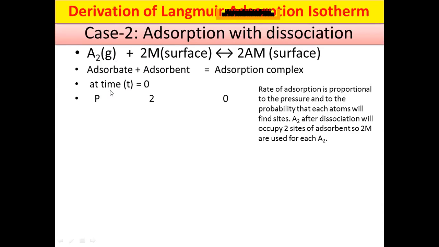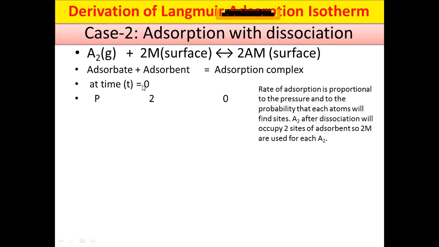Now I'm going to derive the equation. This is the first step, and all these steps will remain the same. So you must understand we are not going to do much major things during the derivation. It will remain the same as we did in the first case, which was the adsorption without dissociation.